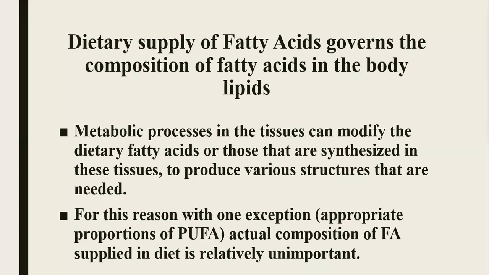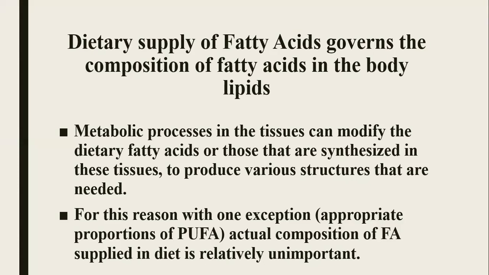Dietary supply of fatty acid also governs the composition of fatty acid in the body lipids. Metabolic processes in the tissues can modify the dietary fatty acids, or those that are synthesized in these tissues, to produce various structures that are needed, because our body is equipped with enzymes called elongases, which can increase the size of the fatty acid.